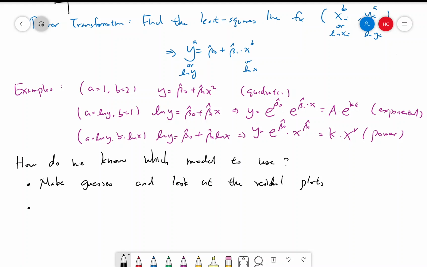And the second way is what's called use science. Sciences have told us many models that we have already figured out. For example, populations. Population growth is proven to be an exponential model. So we don't have to guess on that because we know scientifically population grows exponentially. And same with many other things.